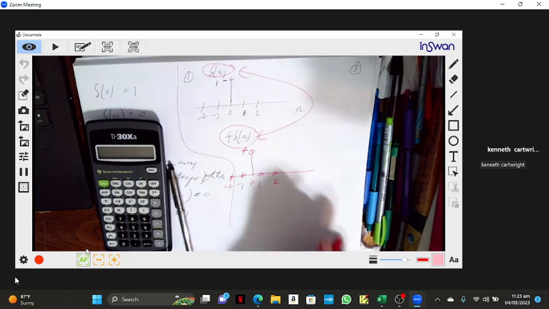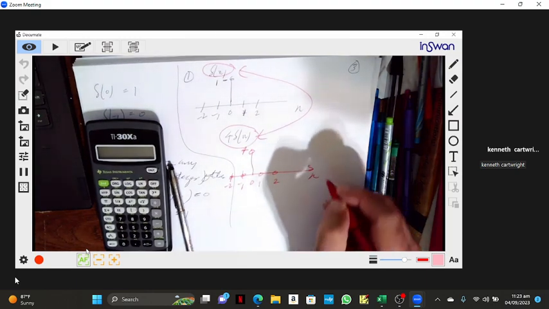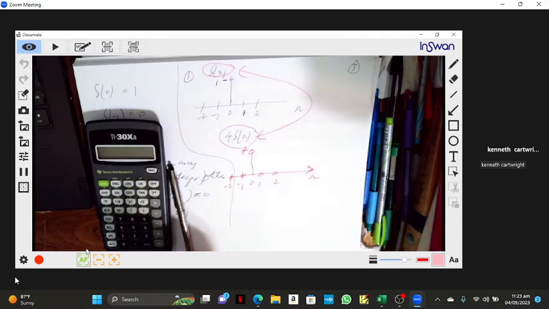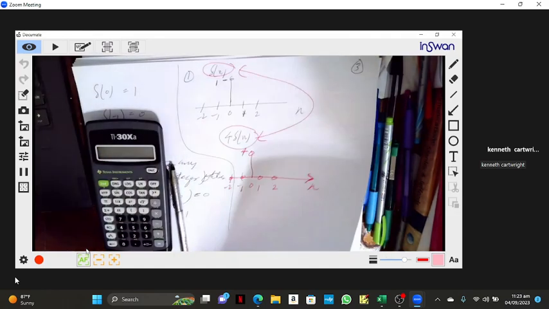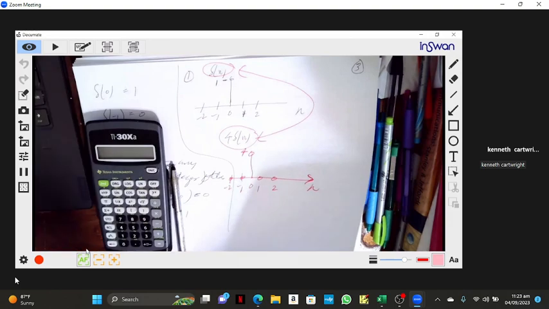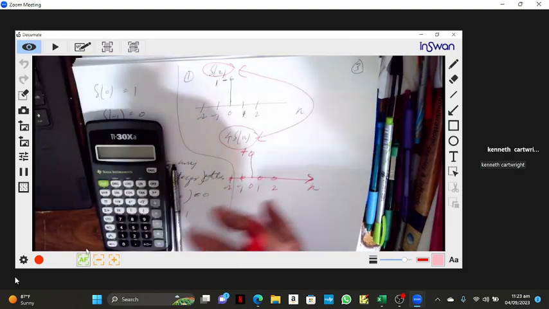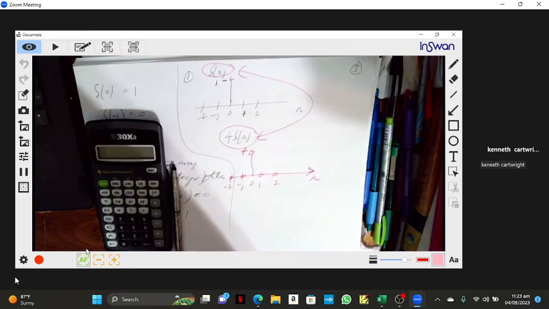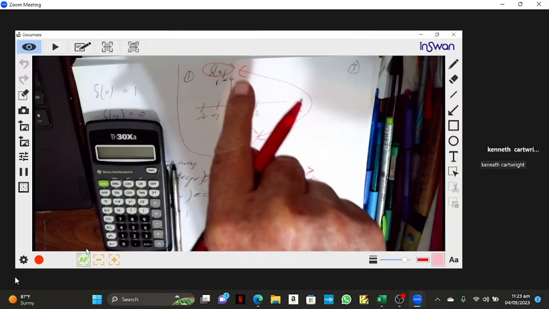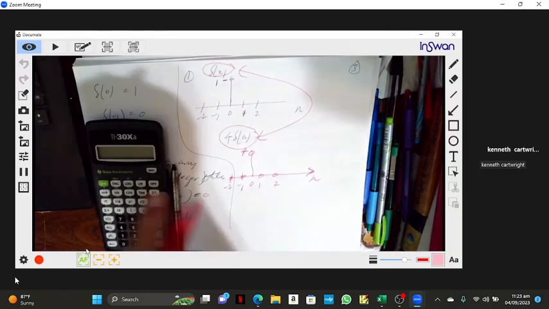I don't know why that's difficult. This should be a breeze. This is exactly like 320, except that the only difference is the variable is not t, it is n.